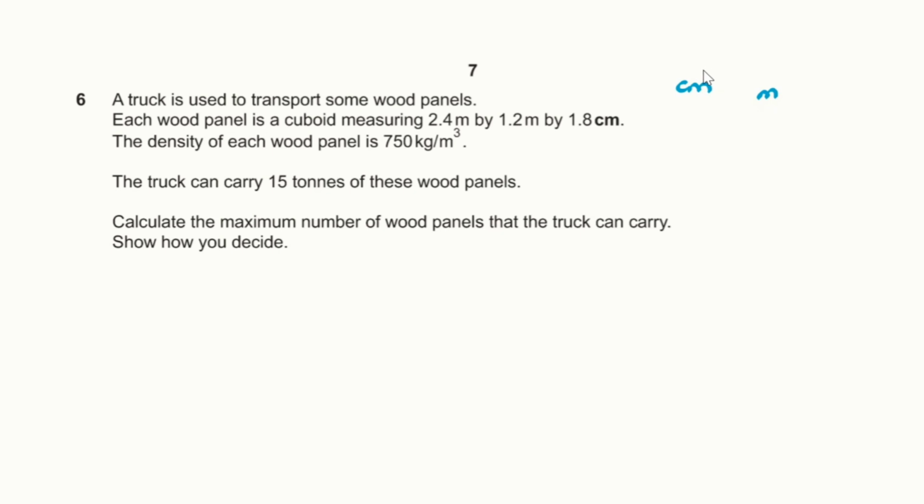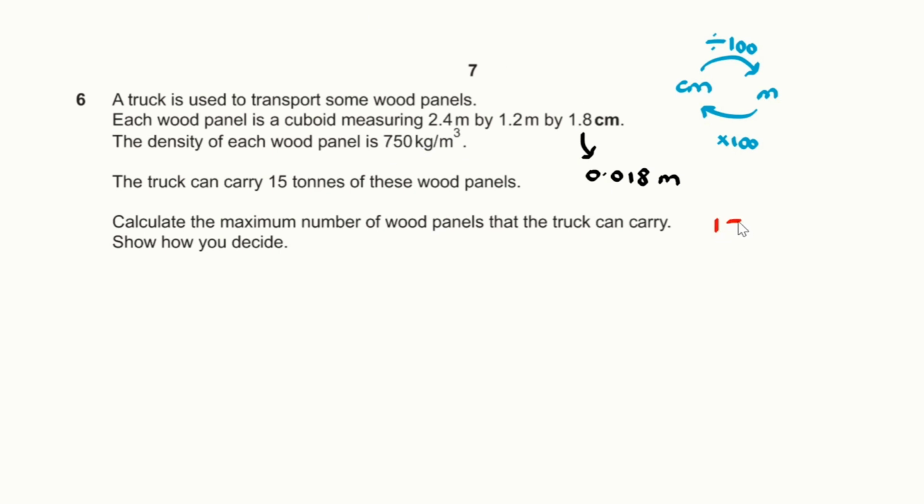First of all, you'll notice here we've got centimeters. Centimeters to meters, we have to divide by 100. Meters to centimeters, we have to multiply by 100. And so 1.8 centimeters is the same as 0.018 meters. We also have information about 15 tons, and if we take a look at the units here, we've got kilograms.